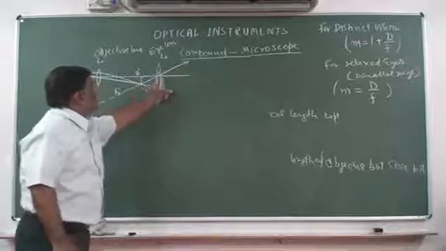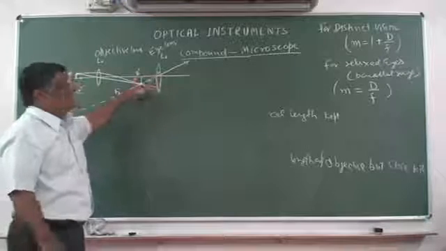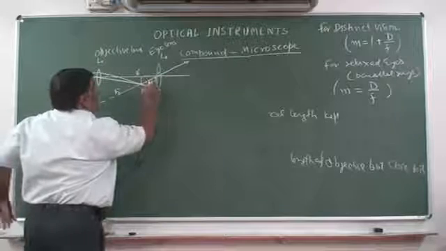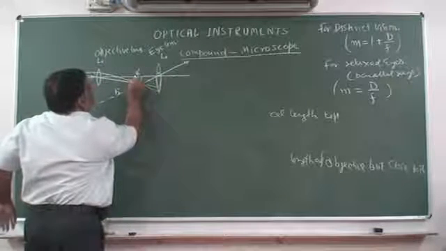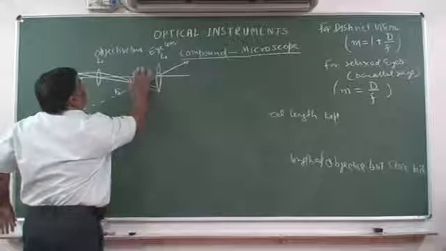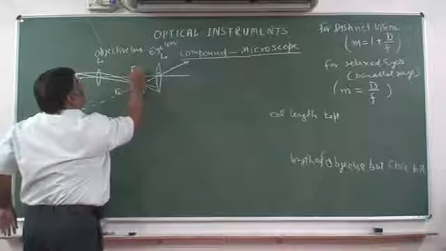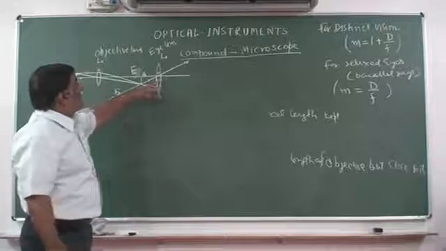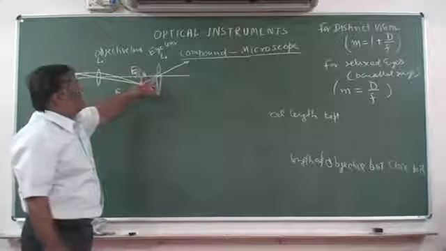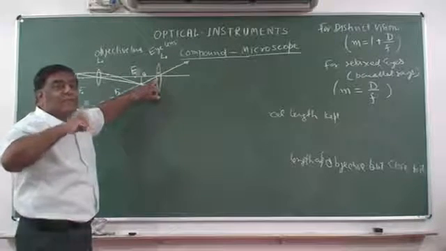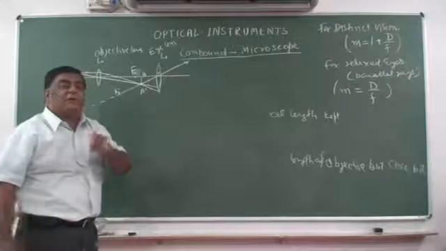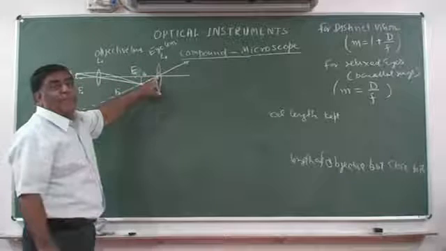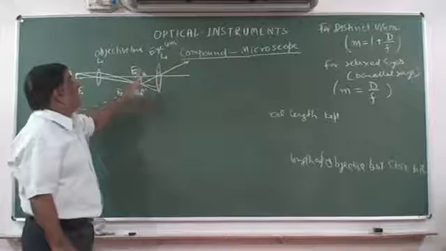Now we adjust this distance in such a way that the focus of this objective is somewhere here. This is the focus of the objective and this is B. Now where is the object for this? The object is between focus and optical center, and we have done this purposely. When we were studying the simple microscope, we were keeping the object between focus and optical center. Same thing we have done here.